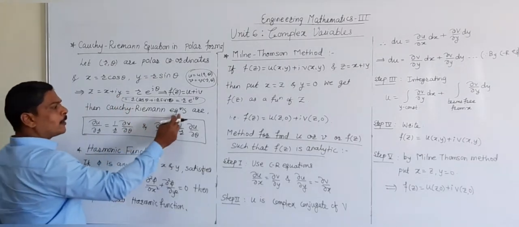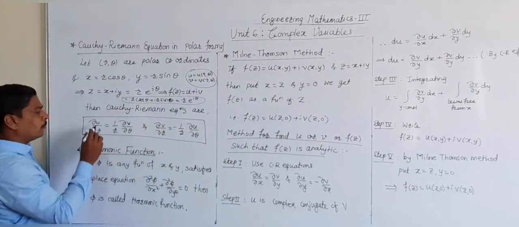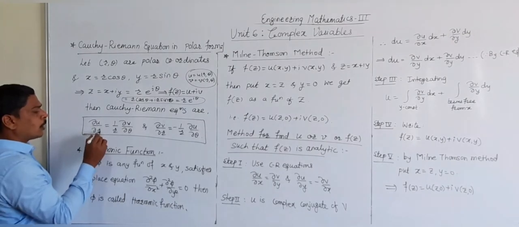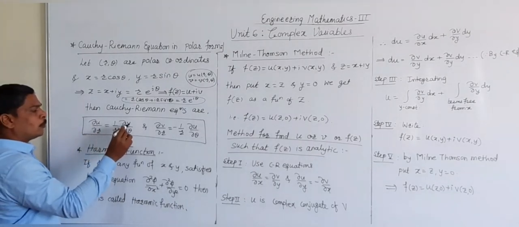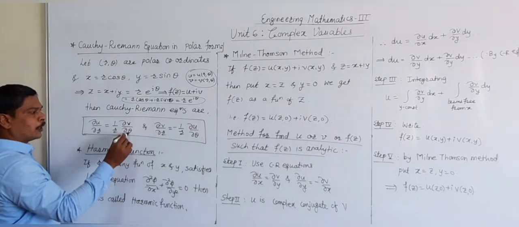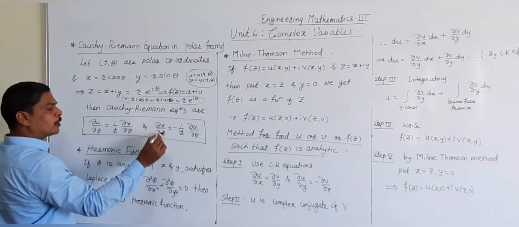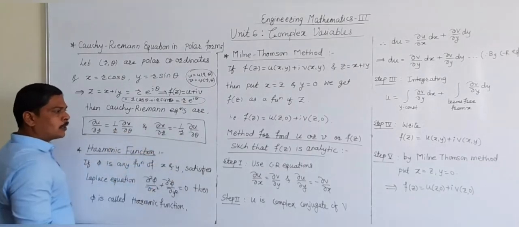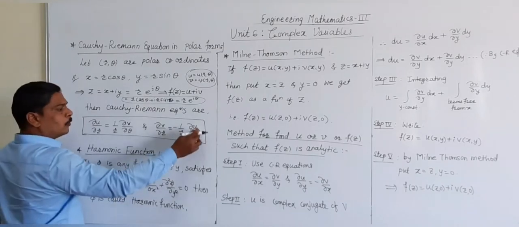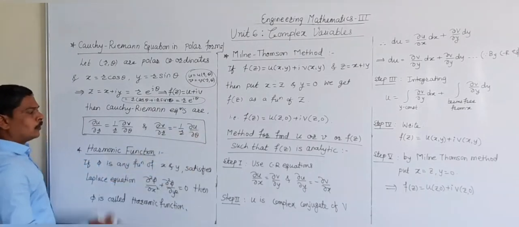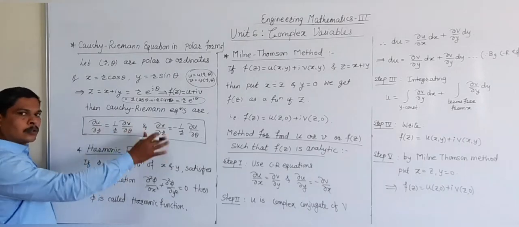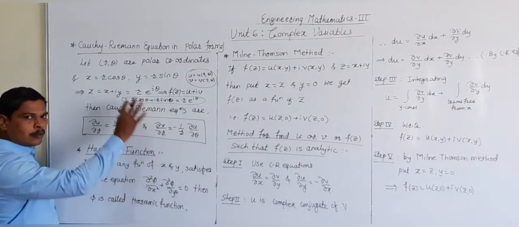Then the Cauchy-Riemann equations for polar coordinates become: partial derivative of u with respect to r is 1 upon r times partial derivative of v with respect to theta, and partial derivative of v with respect to r is minus 1 upon r times partial derivative of u with respect to theta. So these are the Cauchy-Riemann equations in polar coordinates.